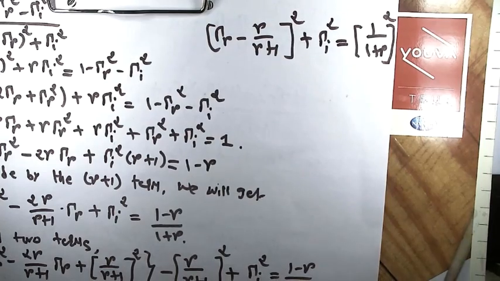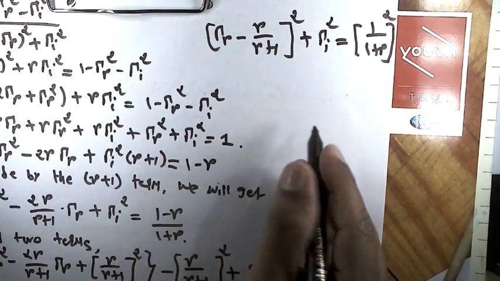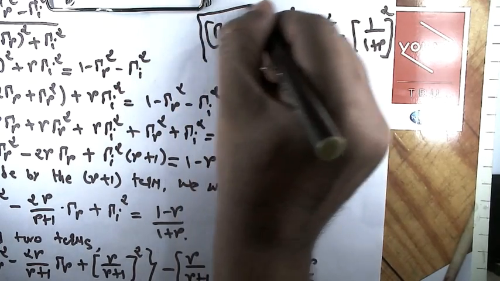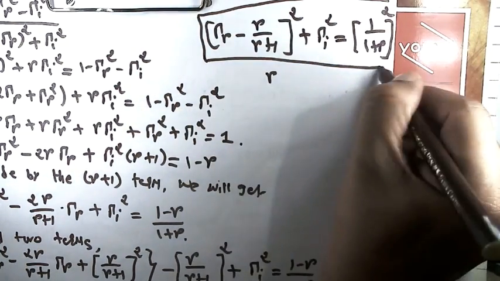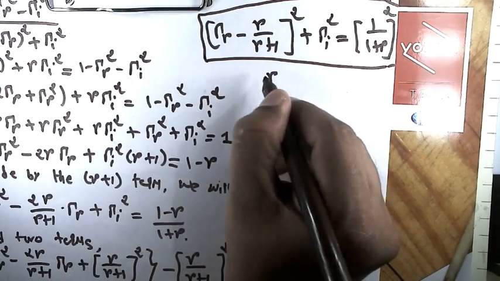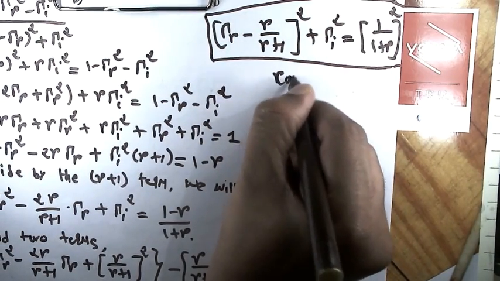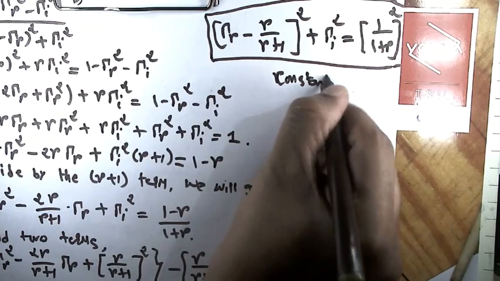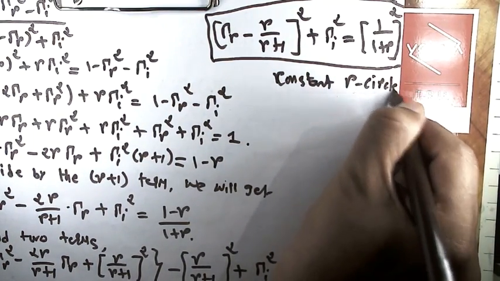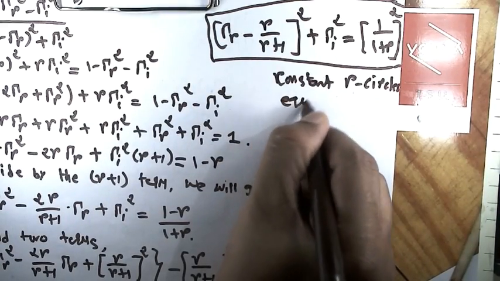So you can see that now this expression is considered a constant r circle expression. So this is nothing but the constant r circle equation.